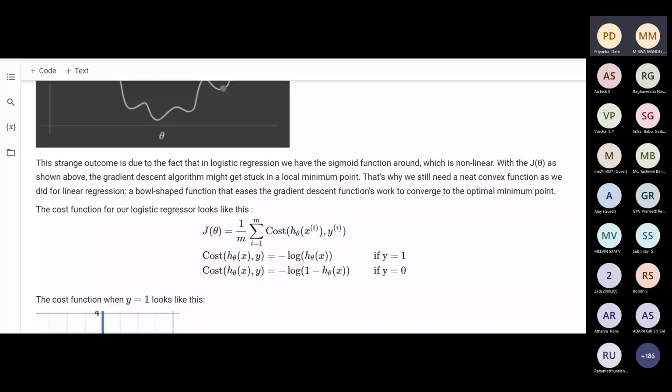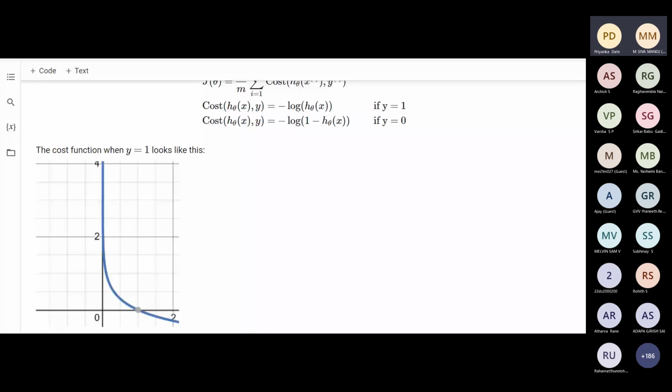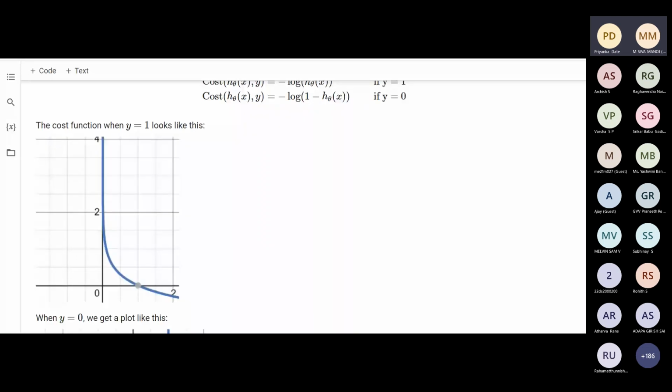Here we can see the graph for when y equals 1. The cost function tells us that if our predicted output is also 1, then it's predicting perfectly accurately.